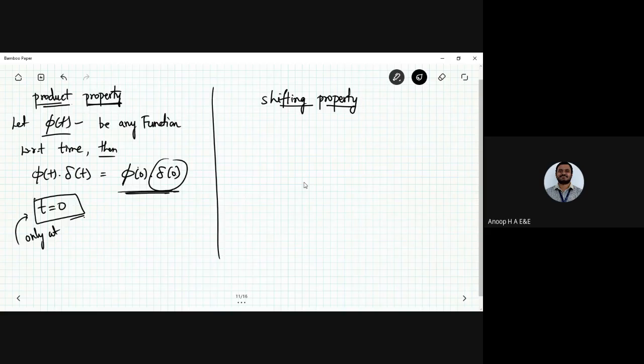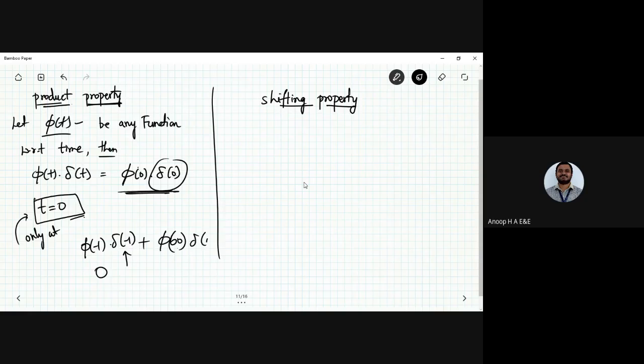As I already told you, t would be from minus infinity to plus infinity, or any specific duration of time. So you can have phi of -1 and delta of -1. What is the delta of -1 value? Generally equal to 0, so that would be 0 there, plus phi of 0. I'm just giving an example where the time limit would be from -1 to +1.